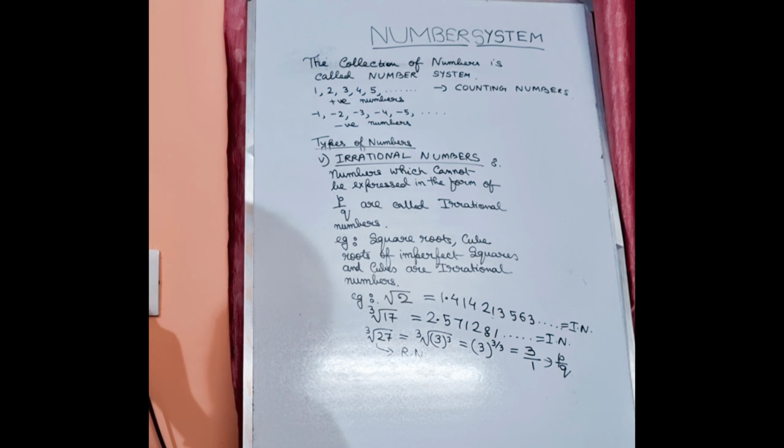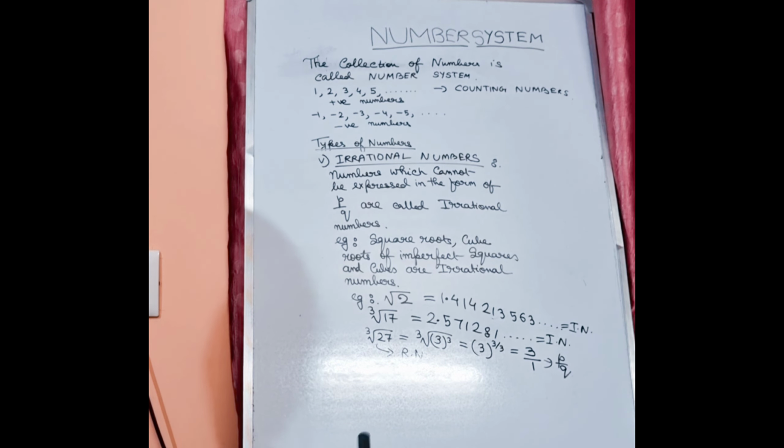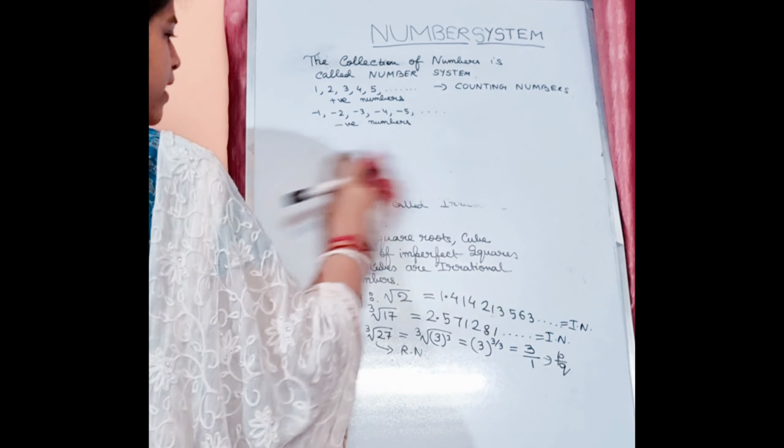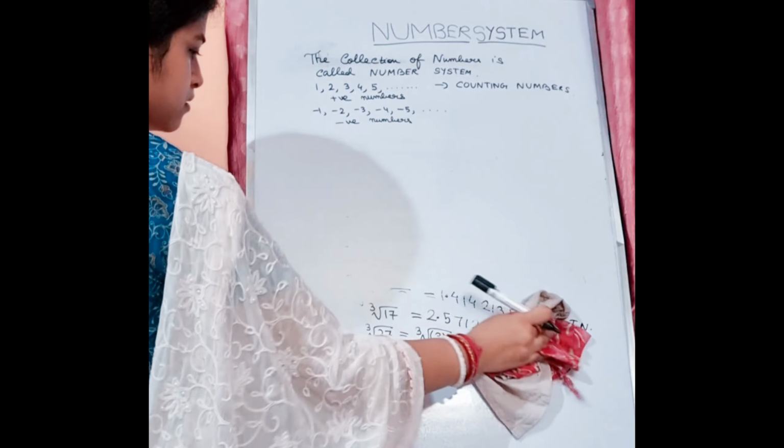Last but not least, I'll give you the sum up of rational numbers and irrational numbers. We can write this in the form of a chart.